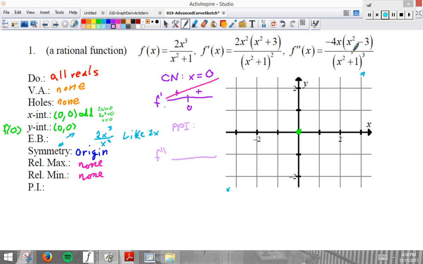The top has 3 zeros, specifically 0, root 3, and -√3. Please go carefully, make sure you calculate your possible points of inflection very carefully. You do not want to lose points just because you messed that up. Put them all on the number line.